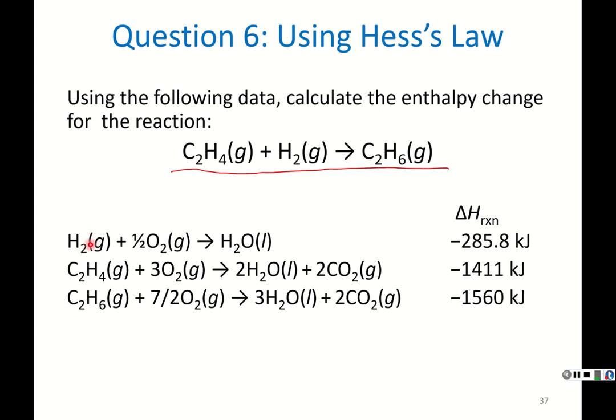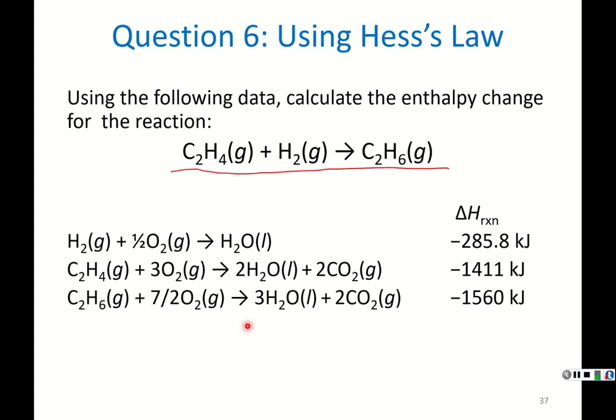If we look at the second equation, C2H4 is also on the same side of the arrow that it is in the target, and it has the same coefficient, a 1 out in front of it. So that's probably okay to leave.